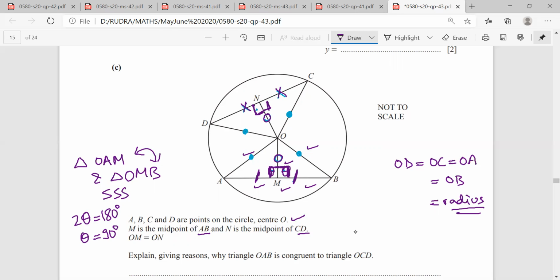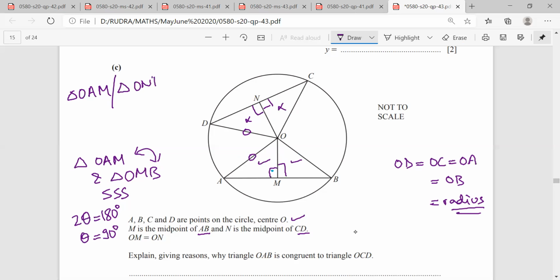So, I come to this conclusion. Let us see what I have proved finally. If I want to put it neatly, this triangle is congruent to this and this triangle is congruent to this. Any confusion about this? No, sir. This is radius, this is radius. Now, if I consider triangle OAM and triangle OND, both the triangles are congruent.